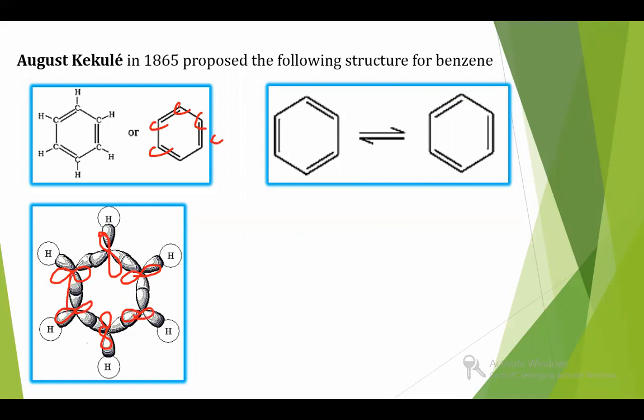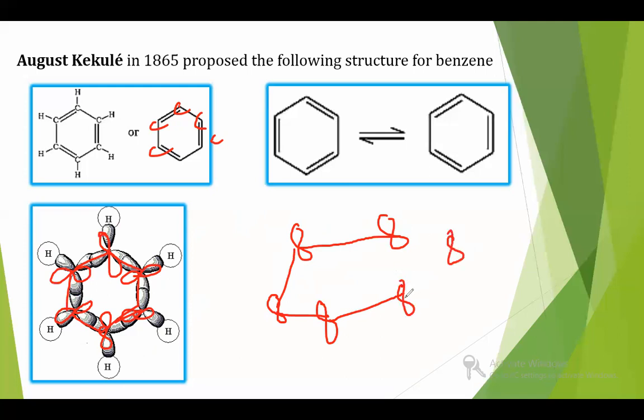If we join these at this corner, we get it like this, at the carbon center. Here one carbon, and here another carbon, each with an unhybridized p orbital.